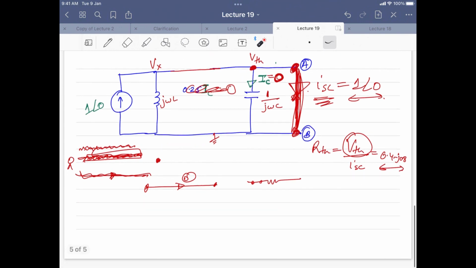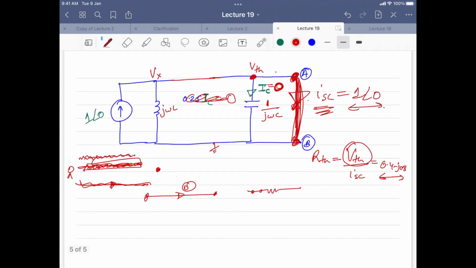Okay, so once you have this RTH, yes. Sir, if it had been an independent voltage source in place of the dependent voltage source, would the current still have taken the same path? In place of the dependent one, it would have been an independent voltage source.